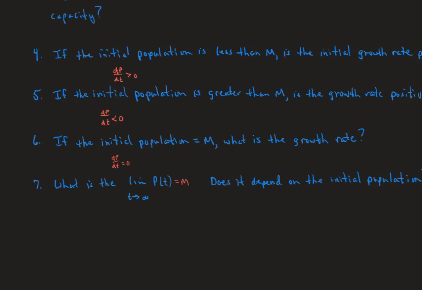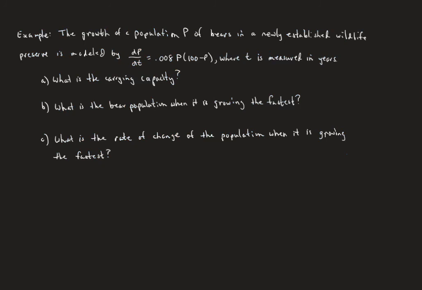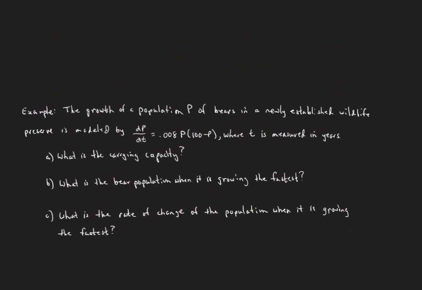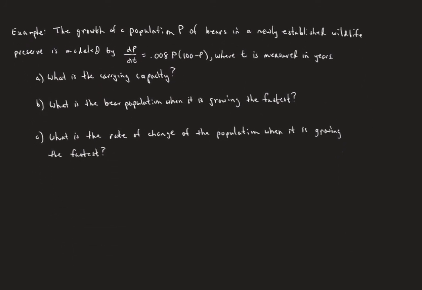All right, let's look at the next panel. So here we have an example, and these are the kind of questions that typically come up on AP questions regarding logistic growth.